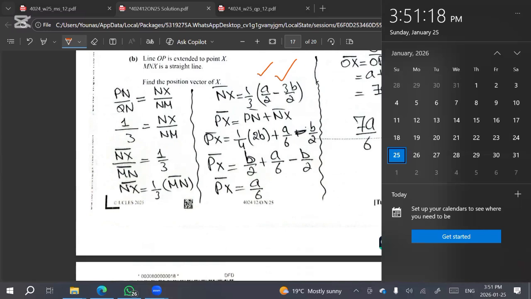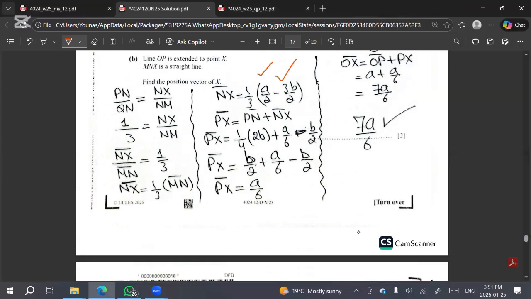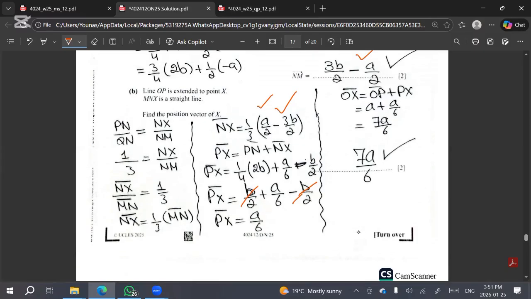So we can simplify this. A and A can be simplified, B and B can be simplified with each other. So you can see B by 2 and the B by 2 will be cancelled. So you are left with A by 6. So I know the value of the PX. Now if I want to find out OX, it will be OP plus PX. The OP is A and the PX is A by 6.